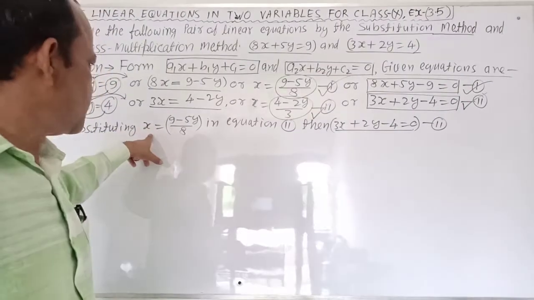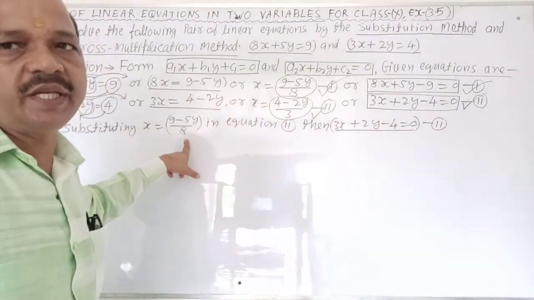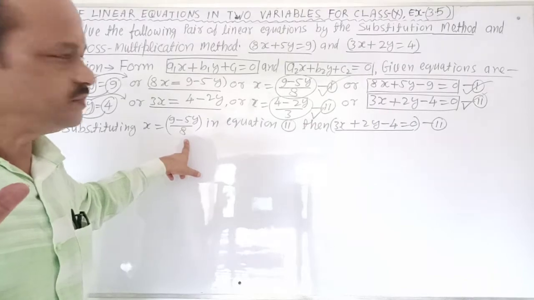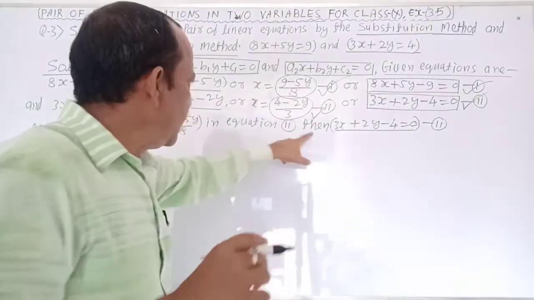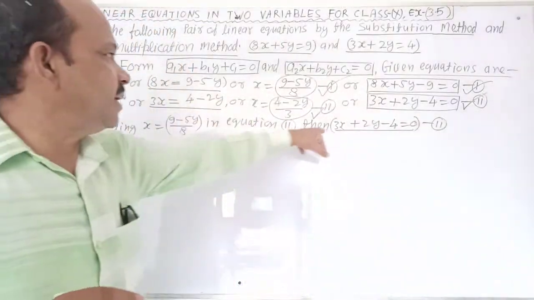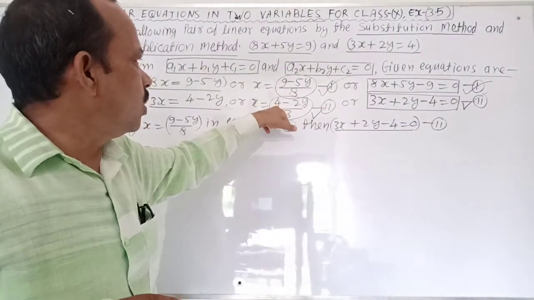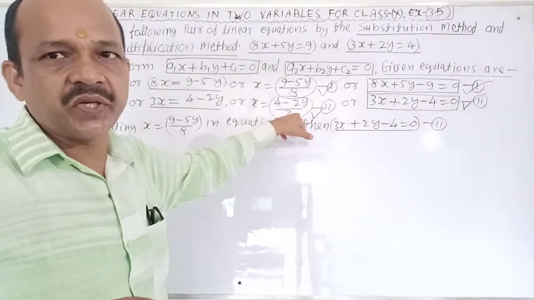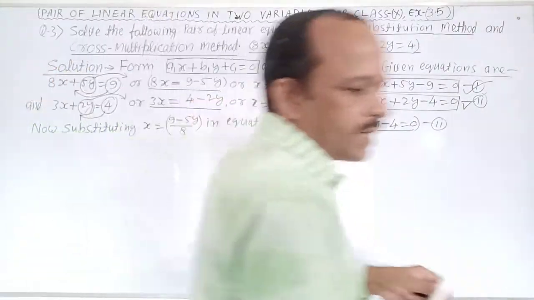You put x equal to 9 minus 5y by 8. Clear? Or you can write here 4 minus 2y by 3. Clear? You can write it.